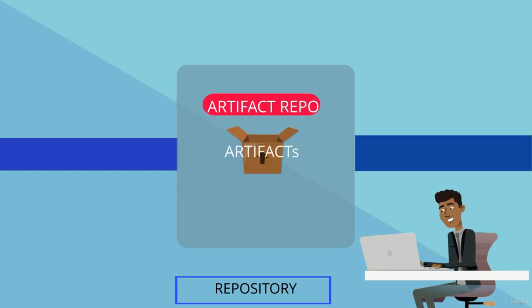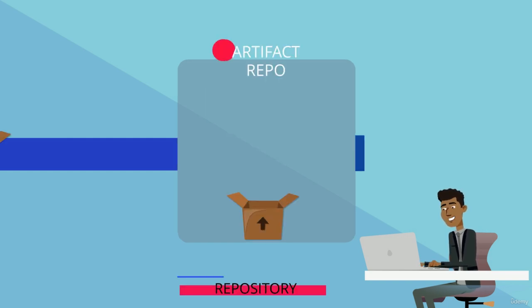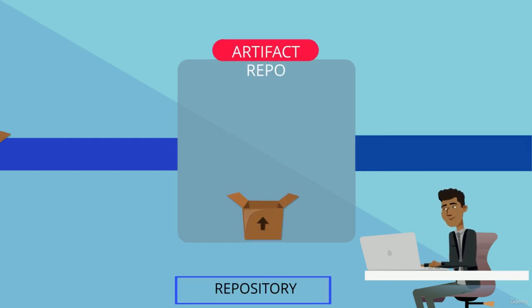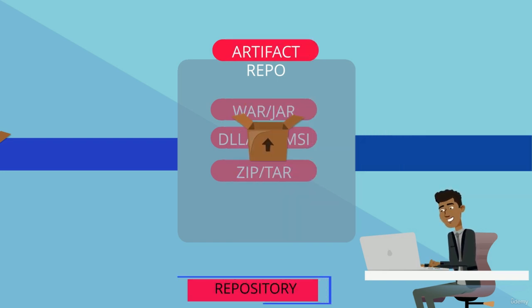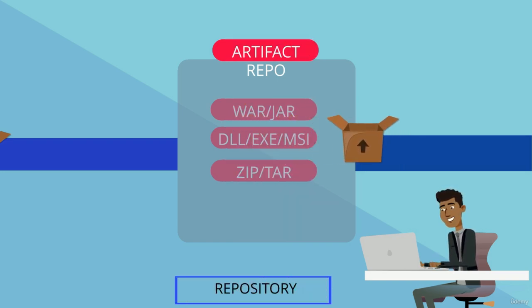Based on the programming language, this artifact will be packaged in a specific format. The packaging format could be war or jar in Java, DLL, exe, MSI in Windows, or even zip or a tarball. From a repository, it will be shipped to servers for further testing.